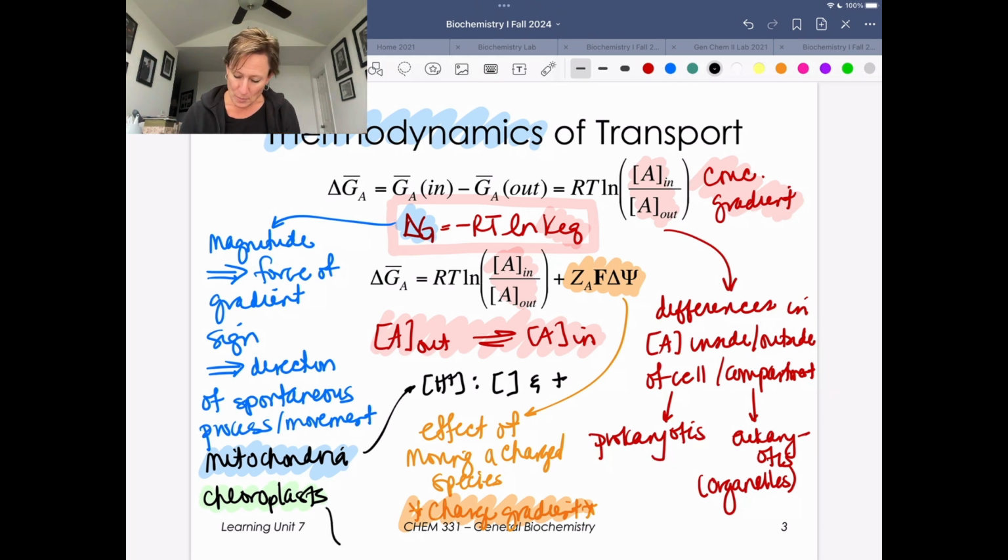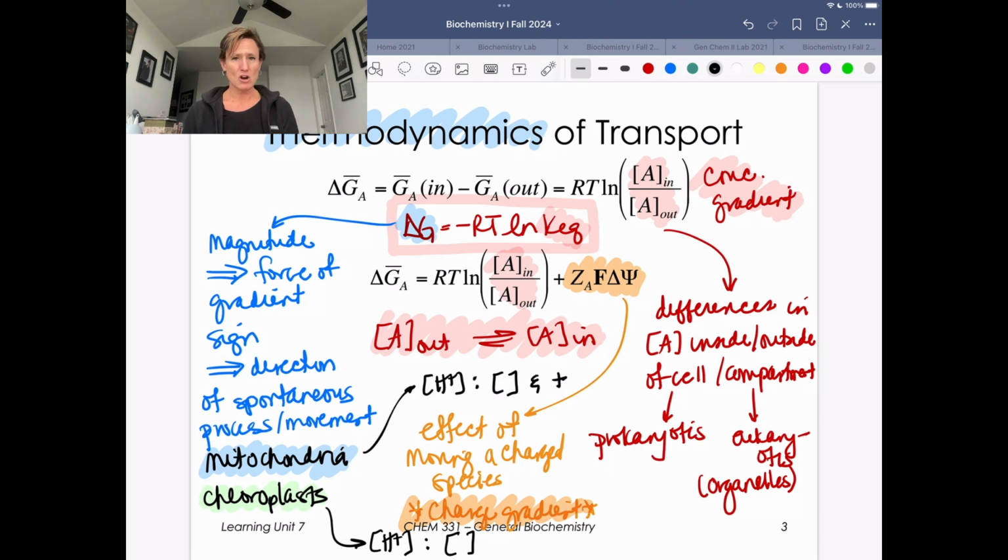Chloroplasts, and we'll talk about the details of why, but to give you a little preview, when they pump their proton gradients, they are only going to be able to use the concentration piece of it. The reason is there is free flow of some ions in chloroplasts that will dissipate any charge gradient.